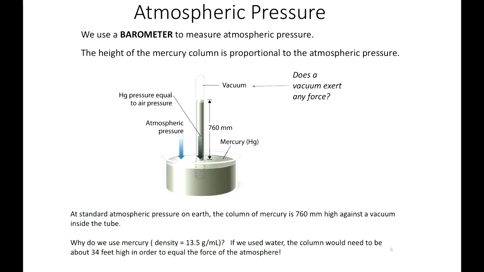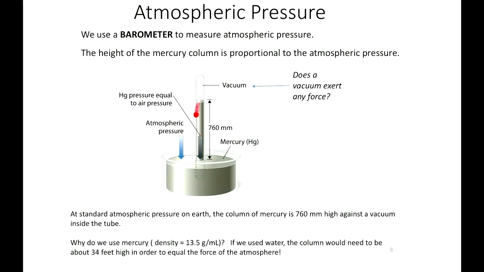So when atmospheric pressure comes down and pushes on this vat of mercury, it pushes back up on the inside of this tube. So when we read a barometer, the weight of the mercury inside this tube is equal to the pressure on the outside. All right, and that's when we read our barometer or our atmospheric pressure reading.